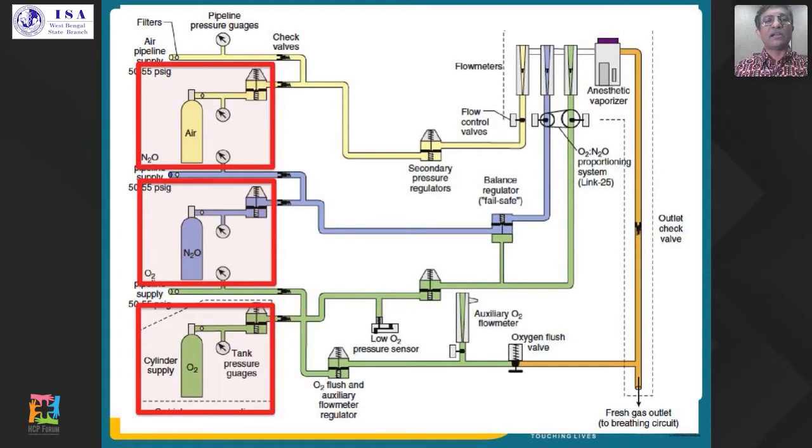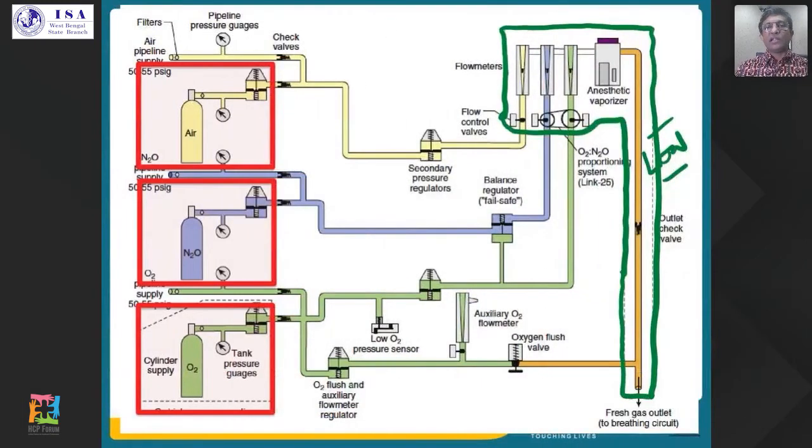And these red squares are the high pressure systems in that machine, in that schematic diagram. The low pressure system is in green. This is from the flow control valves, the flowmeters, the vaporizers, up to the patient.